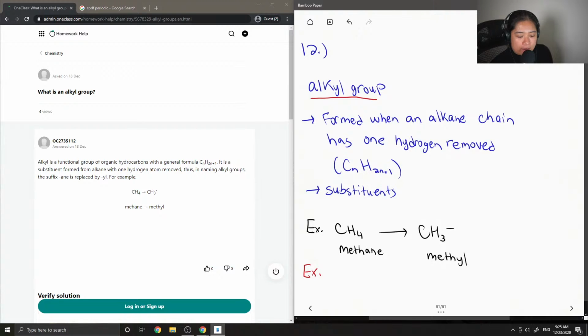Let's say we had a long carbon chain, and we had groups sticking out like this.